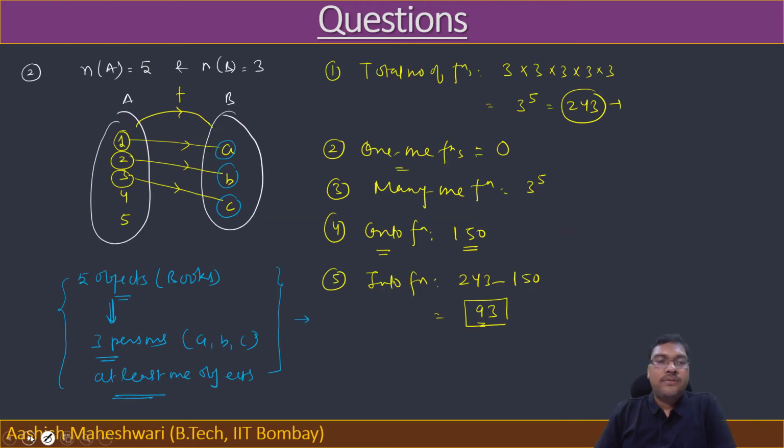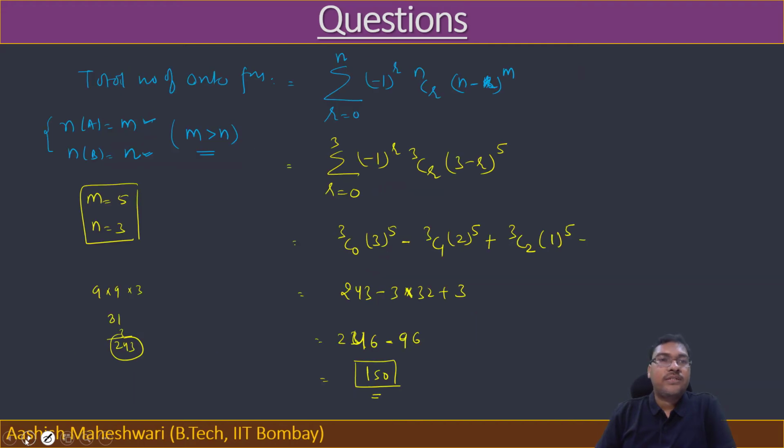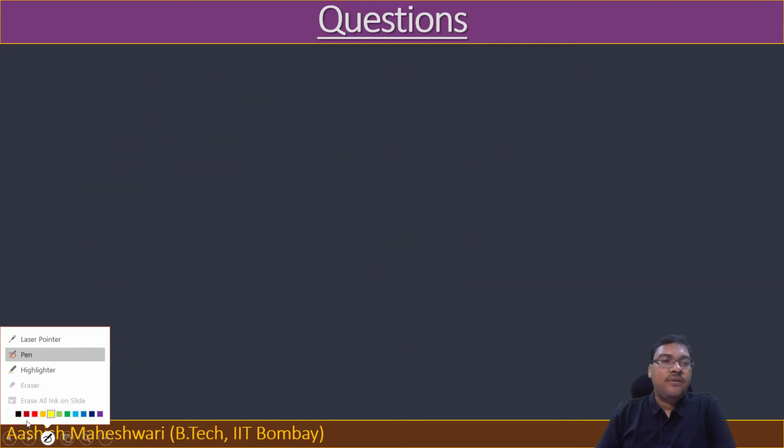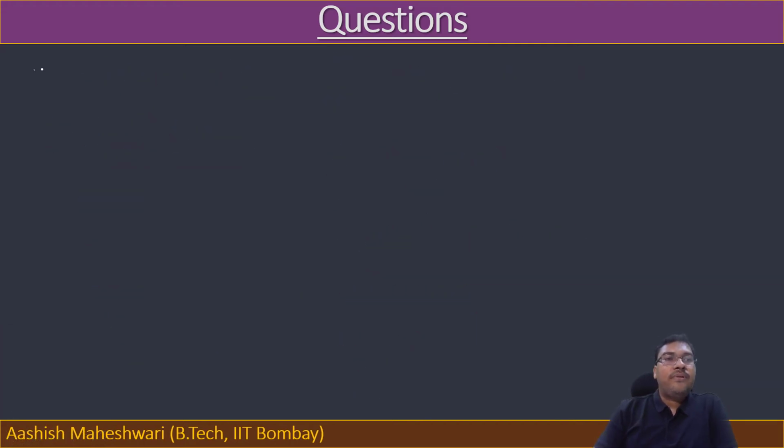So yes, let's now move to the next question. We have taken two cases so far: the number of elements in both sets are equal, and set A has more elements than set B. Now the third case: let's say the number of elements in set A is 3 and the number of elements in set B is 5.